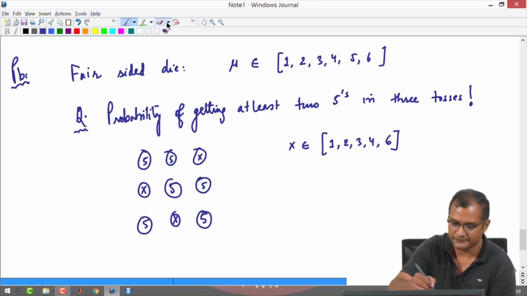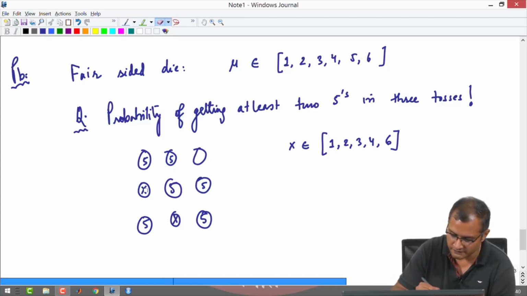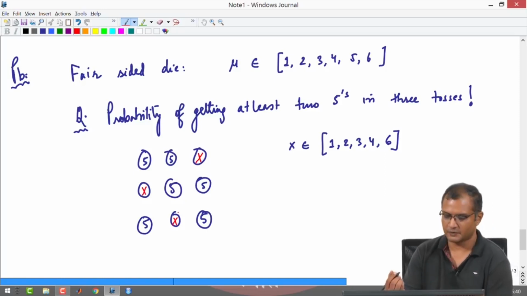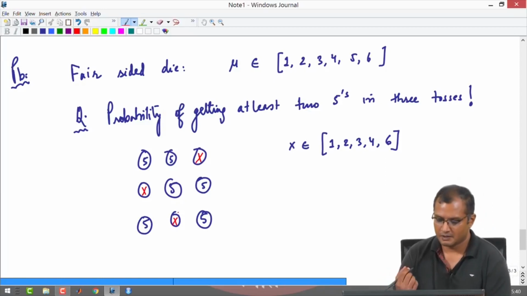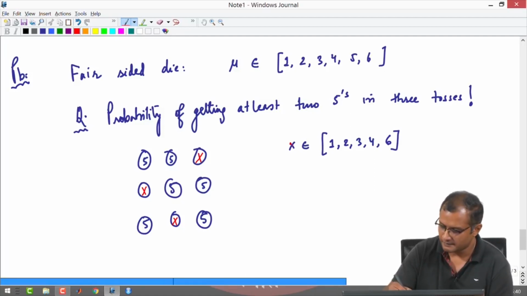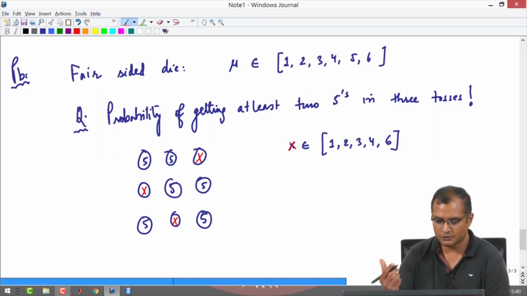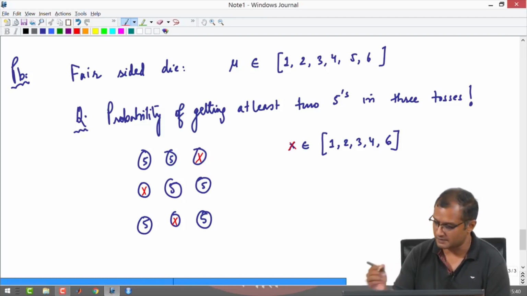So, since we have 2 different types of symbols, I am going to color them with different colors, okay. So, there are 3 ways in which you can basically get 2 5s out of 3 tosses.